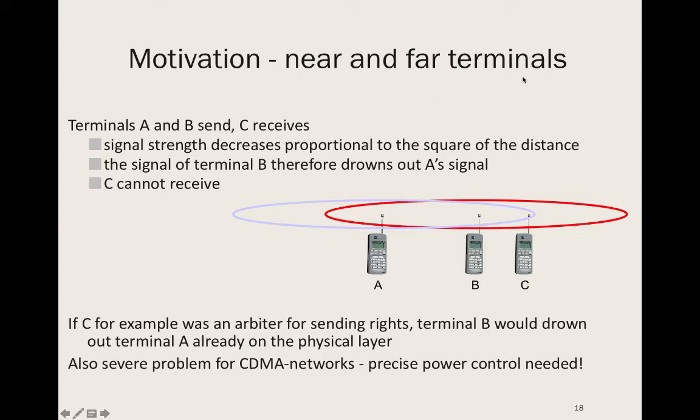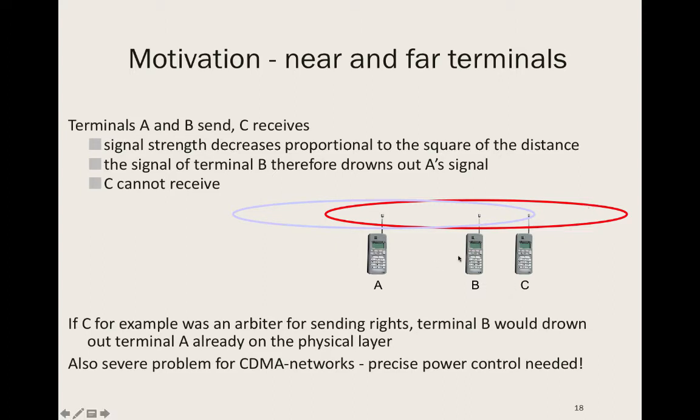The near and far terminals are another problem. Signal strength decreases proportional to the square of the distance. We mentioned that before. The signal of terminal B therefore drowns out A's signal.